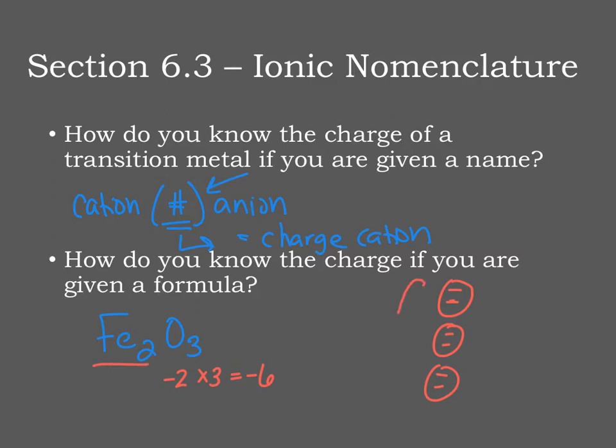So I need to split this in half with my 2 irons, and that means I'm going to need 3 pluses on each. If you want to think about it mathematically, I've got some charge that I don't know times 2 that has to equal a +6, so that we've got neutral. That makes this charge a +3. So that's how you would figure out charge if you're given the formula.